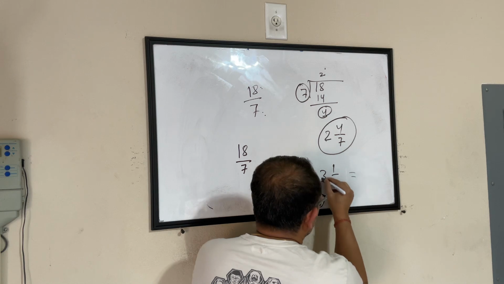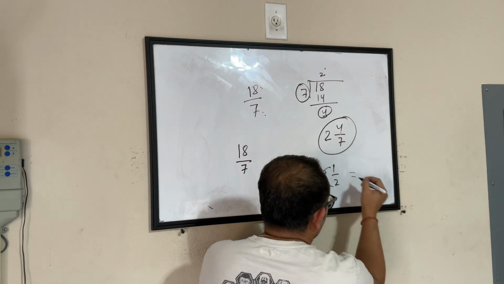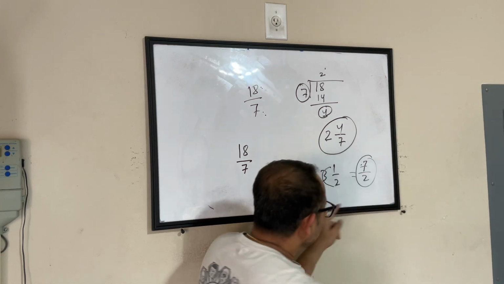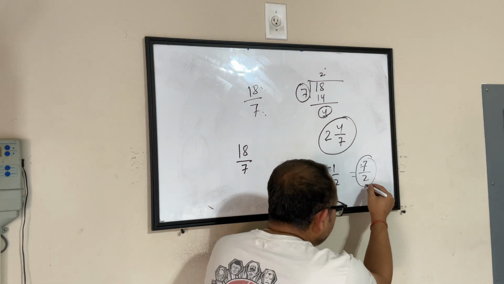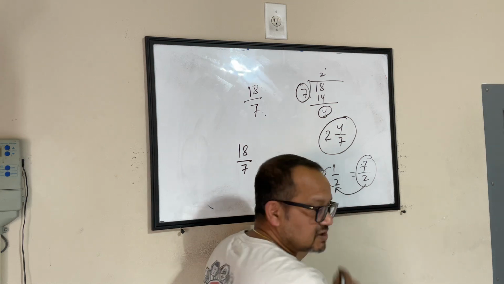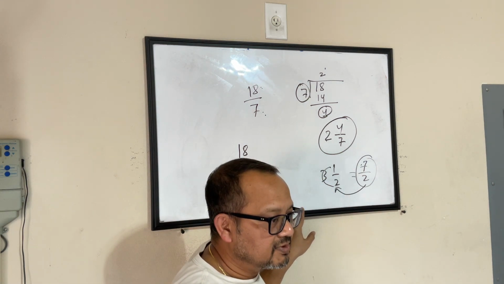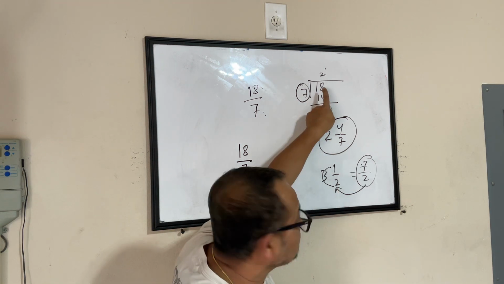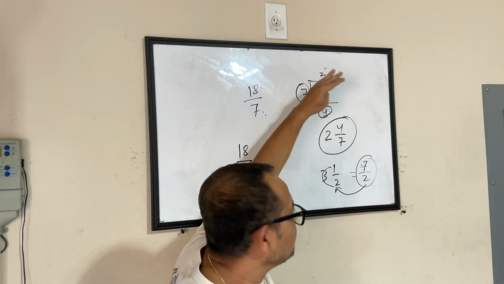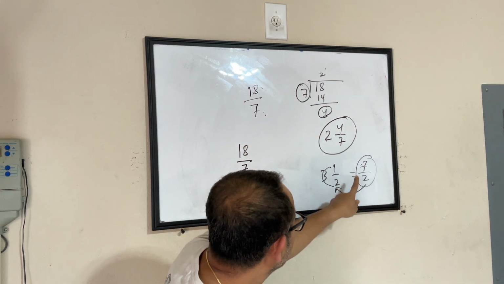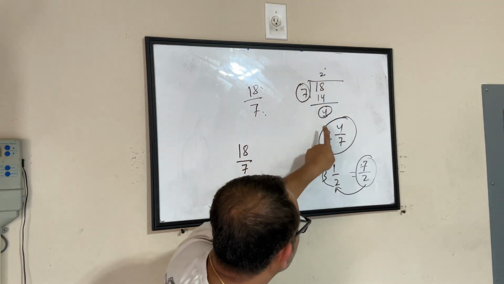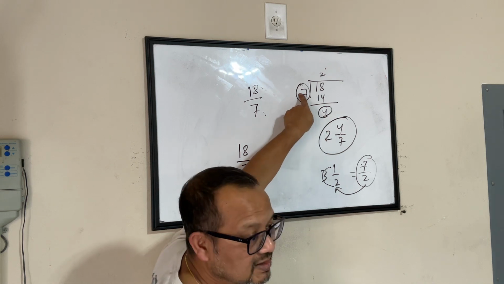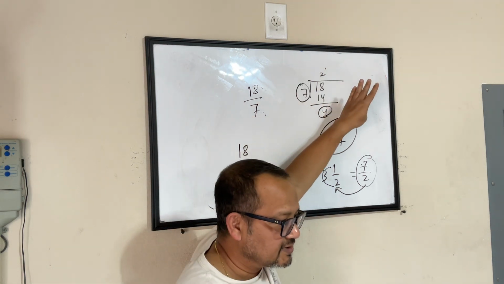You multiply 2 by 3 and then add 1. 2 threes are 6 plus 1, 7 by 2. What we are doing is the reverse of that. If I have an improper fraction, how do I convert that to a mixed number? That's what we are trying to do. So, when you do that, you don't go the chicken egg route. You are not putting decimals. As soon as you get a remainder which is smaller than the divisor, you stop there.